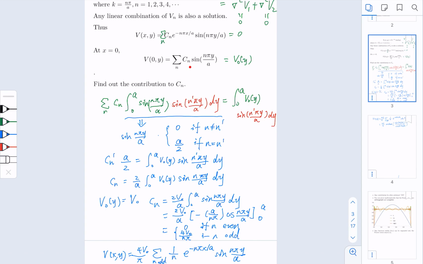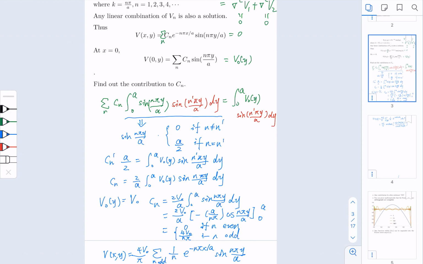To get this Cn, we simply do an integral of v of y and sine n pi y over a, while keeping in mind that the sine n pi y over a is not normalized; the normalization factor is a over 2. So Cn is the overlap of v of y and the sine n pi y with the normalization factor considered. And the technique to determine the Cn is shown here.